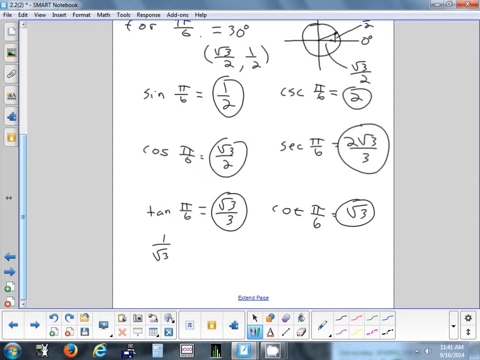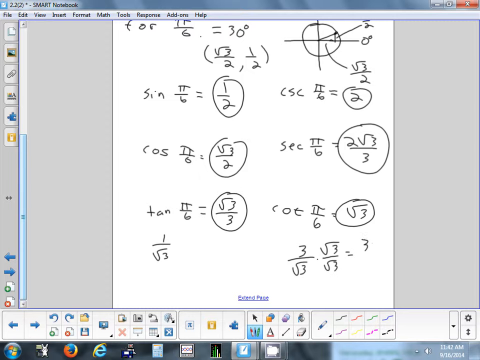Any questions on how we got these last two? How did we get the cotangent? You'd start by flipping: 3 over root 3. Multiply top and bottom by root 3.